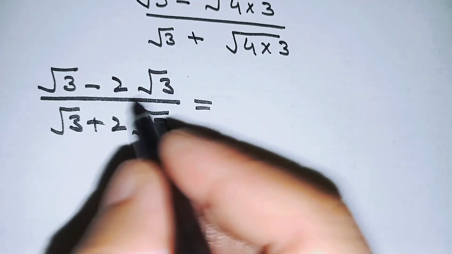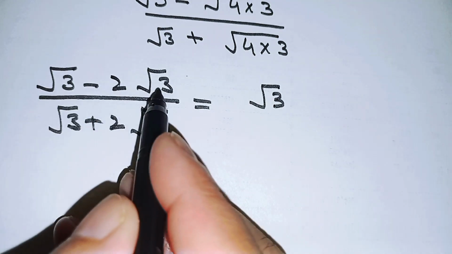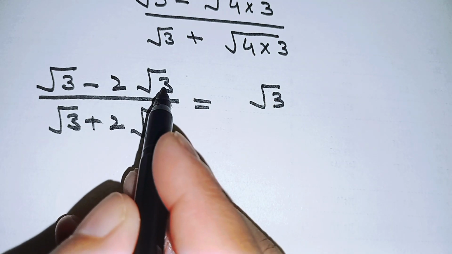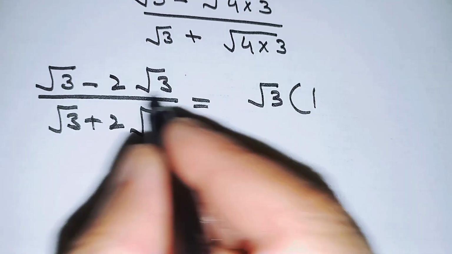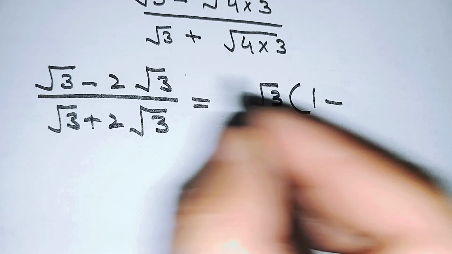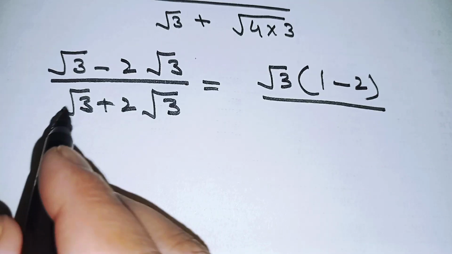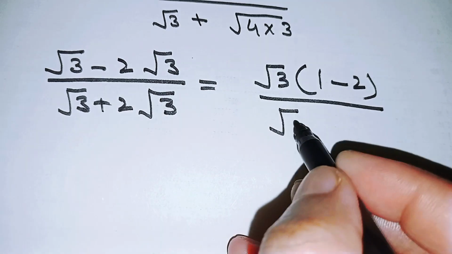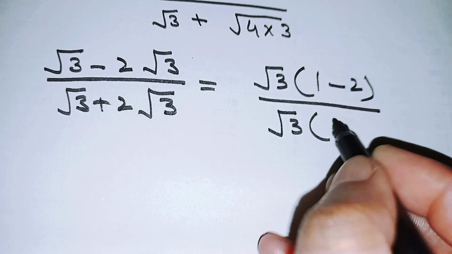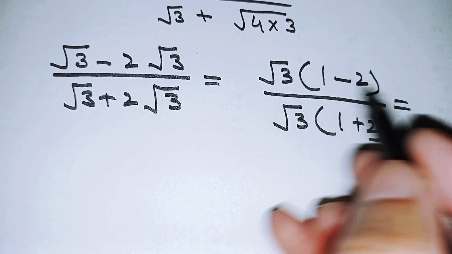Taking the square root of 3 common, it can be written as the square root of 3 times (1 minus 2), over the square root of 3 times (1 plus 2).